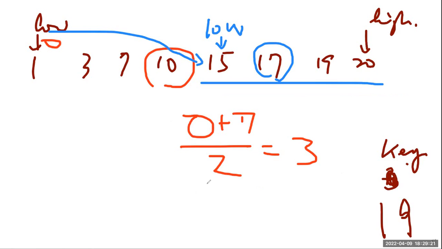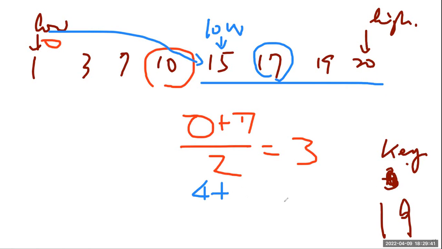What is the low right now? Low right now is not 0. So you're not reducing the size of the list? We don't reduce. It's the same array we use. Low is 4.